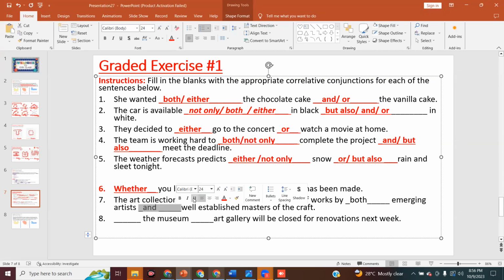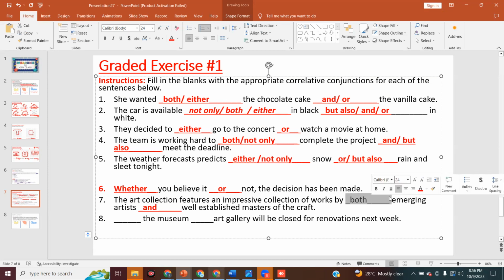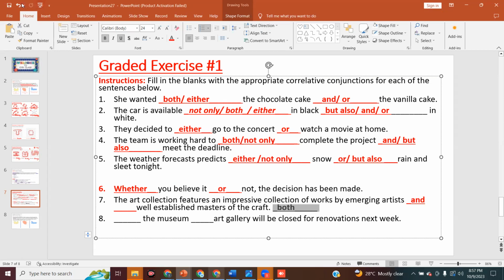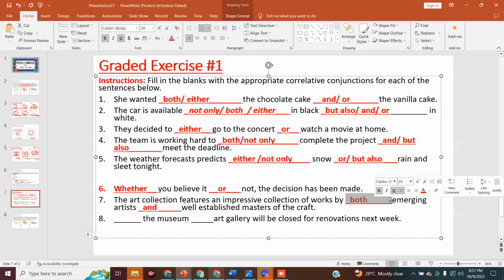What's the difference between emerging artists and well-established artists? I think emerging artists are more famous, more important. No, emerging artists means that they're coming up, not well established yet. It's the difference between Jordan Poole and Stephen Curry: one is an up and coming superstar, the other is already a superstar.